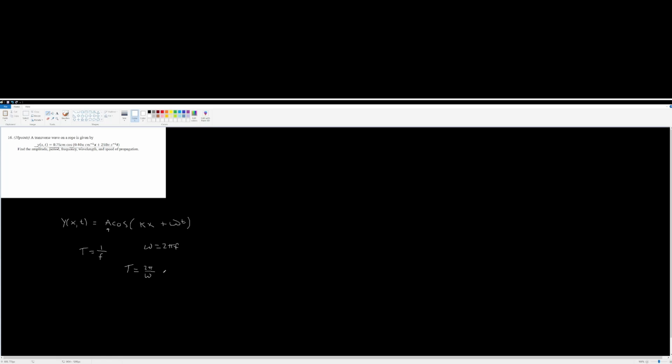So in this case, t is equal to 2 pi over omega, which is 250 pi. These pi's cancel, and this is just 2 over 250, or 1 over 125.